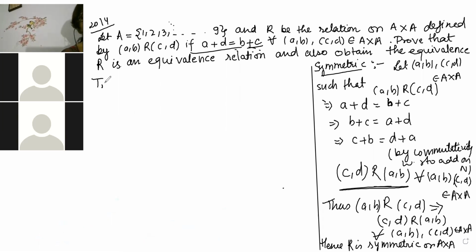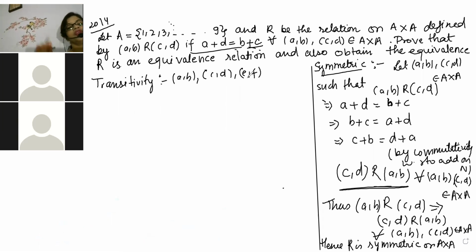So transitivity. For transitivity, what do we need, beta? We will say, okay, A comma B, C comma D, E comma F. Now we need 3. In transitivity, what we were doing, we were taking 3 elements, A, B, C belongs to the set of natural numbers or integers. But an ordered pair must belong to A cross A.